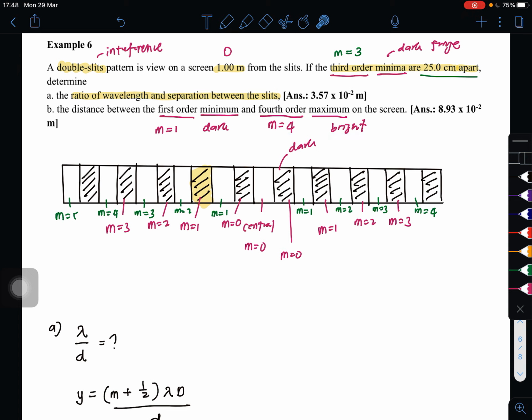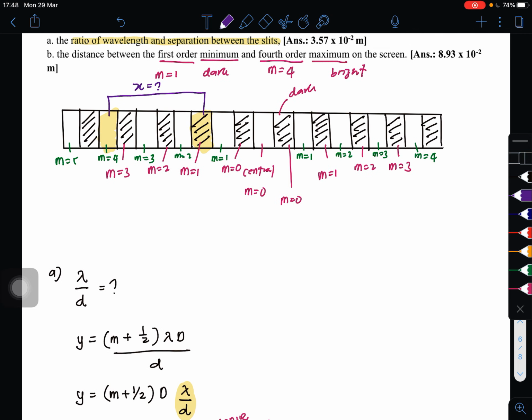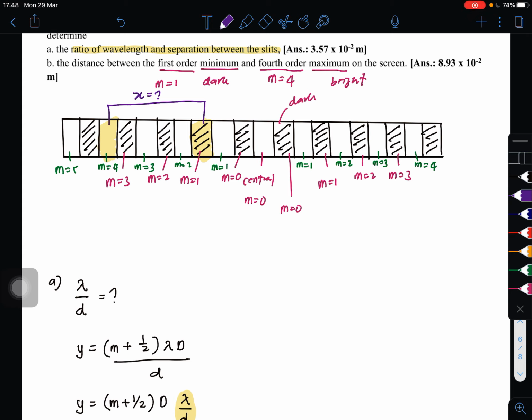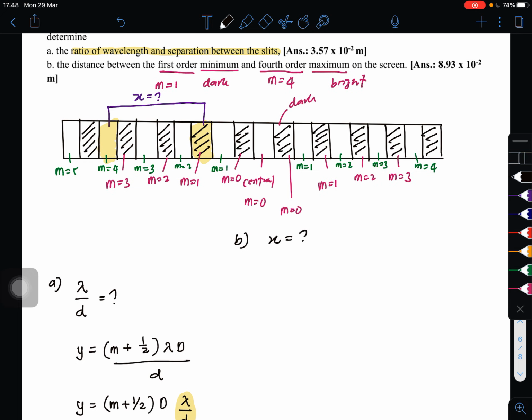Okay, so ni M sama dengan 1 untuk dark. So now M sama dengan 4 bright, which is this one here. So we want to find the distance from here to here. So this value, X. Okay, macam mana kita mau cari value ni? The easier way is, because we want to find X, right? Okay, the easier way is, yang paling senang.